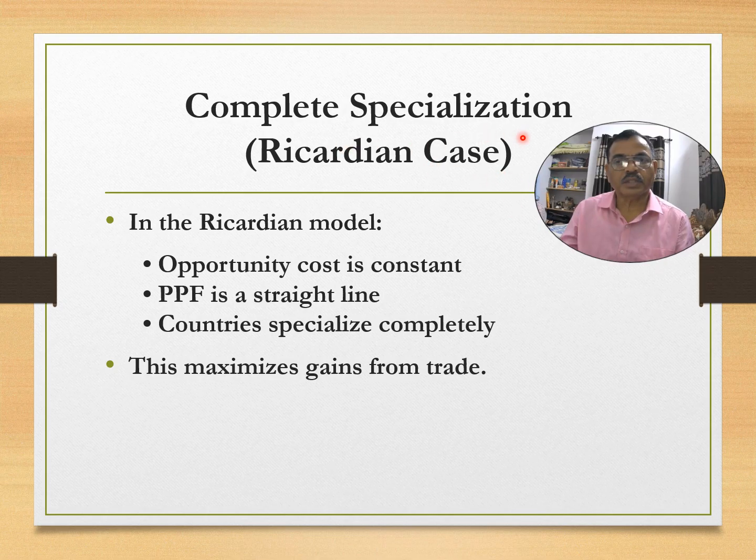There is complete specialization. In the Ricardian model, opportunity cost is constant because the production possibility frontier is a straight line. On the assumption of constant opportunity cost, we know the shape of the production possibility curve is a straight line.